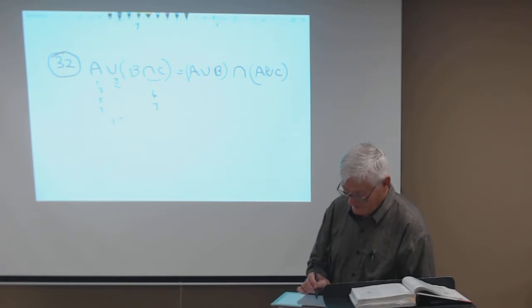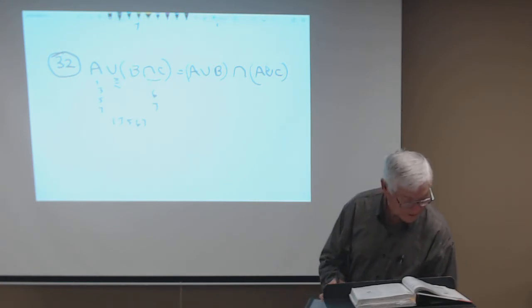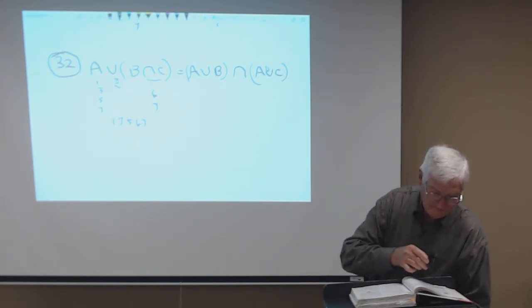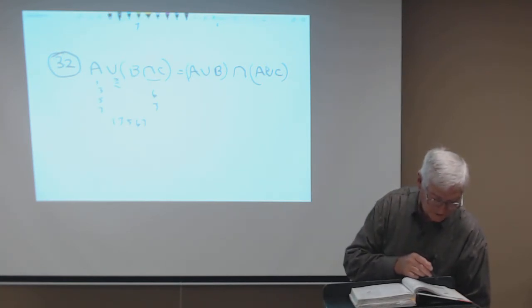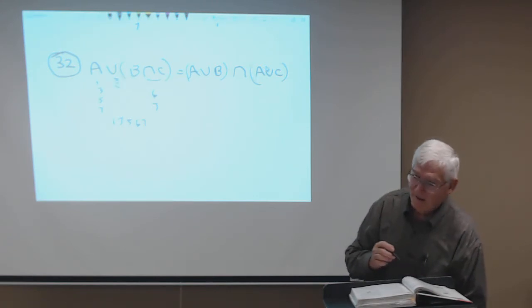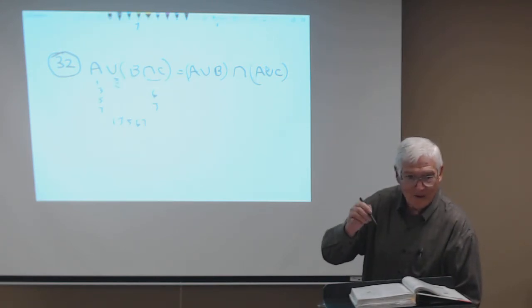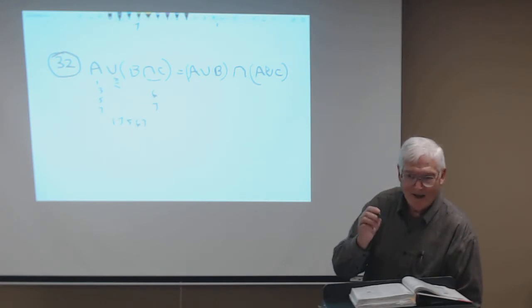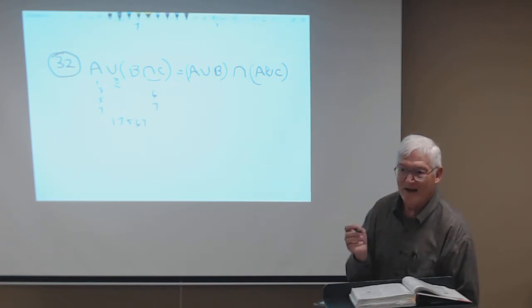Wait, the intersection of B and C is what? 6, 7. Take your pencil and circle B. Okay. Now take your pencil and circle C. Oh, okay, 6, 7. You remember how I was telling you before? You got to take your pencil and touch this stuff, or your eyes are going to roam around and pick up extraneous information.